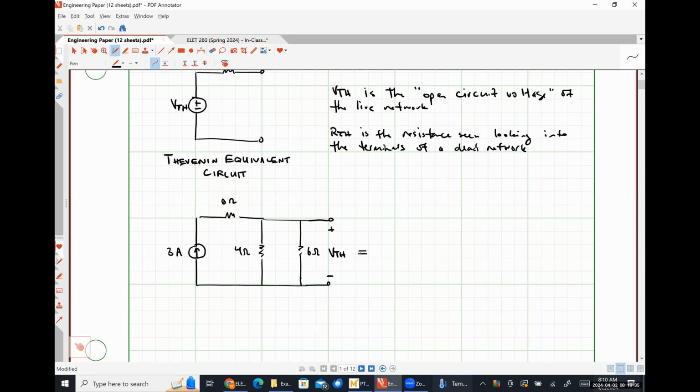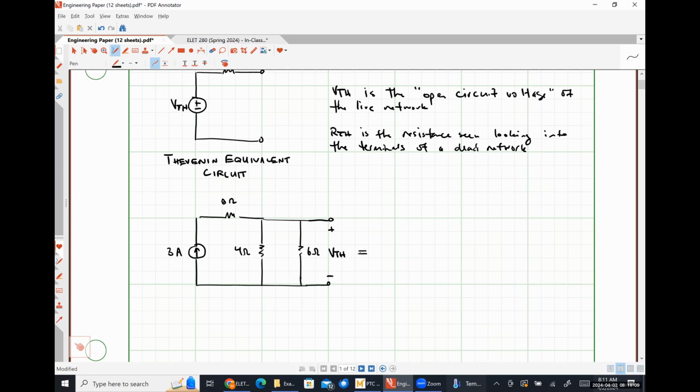How do you guys think we would solve for this Thevenin voltage? Replace the short. Then we need a replacement. I disagree wholeheartedly. So the Thevenin voltage is the voltage drop across the 4 ohm resistor in parallel with the 6 ohm resistor, because it's literally the voltage labeled as the drop across those two resistors in parallel.